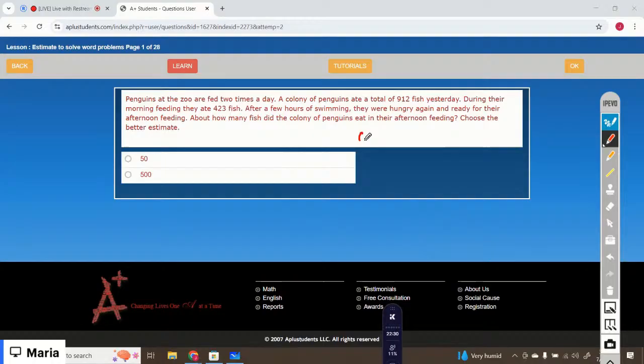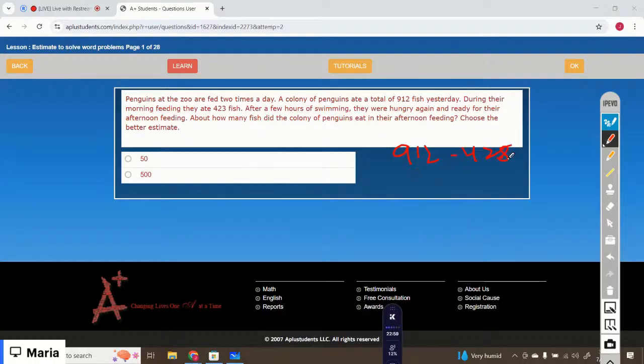About how many fish did the colony of penguins eat in their afternoon feeding? That is 912 minus 423.